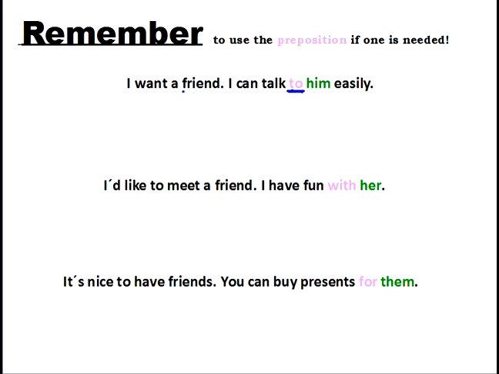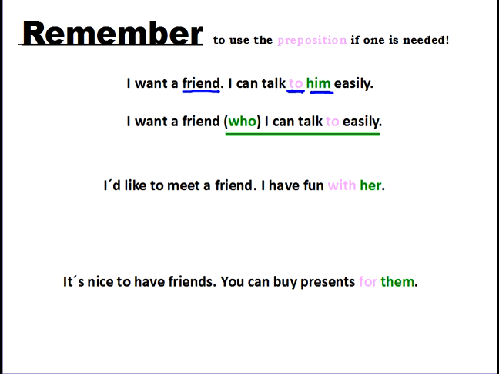And in this context, I'm removing "friend" and "him," right? So I'm going to read it like this: I want a friend who I can talk to easily. Remember, I don't need to remove that preposition. It's very important that I'm still using that preposition. This is the only part that I'm taking away. And when I replace it, I still need to use my preposition though, okay?